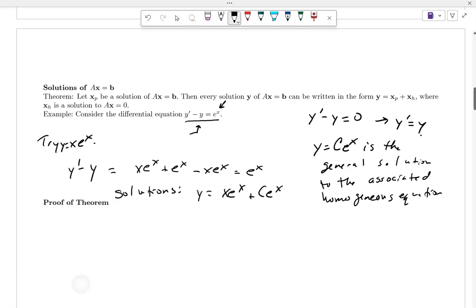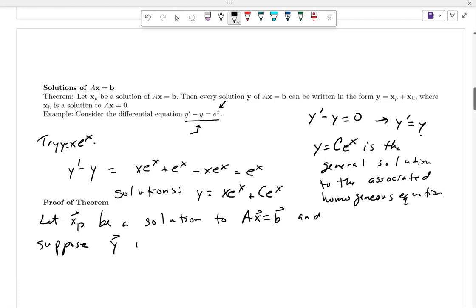Okay. So let x sub p be a solution to Ax equals b, and suppose that y is another solution.